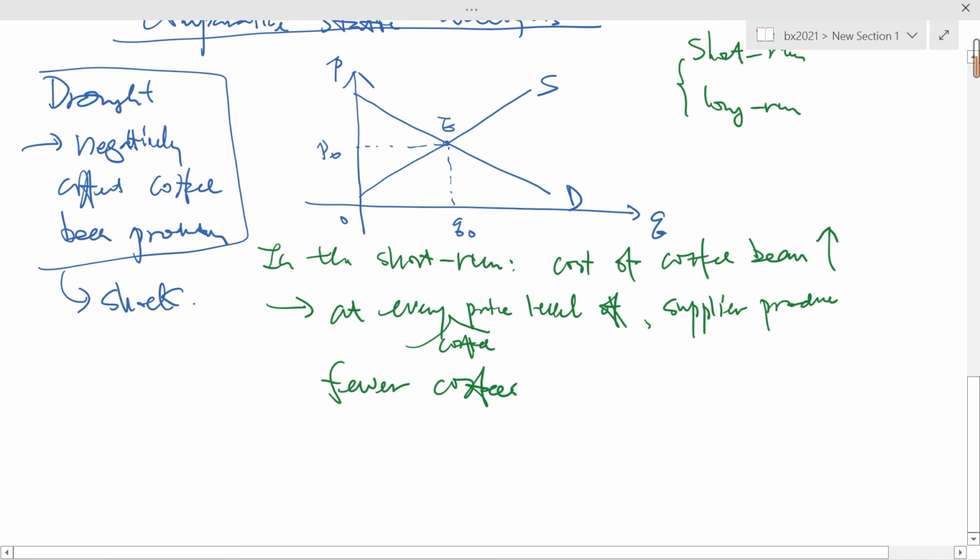I.e., the supply curve shifts to the left.